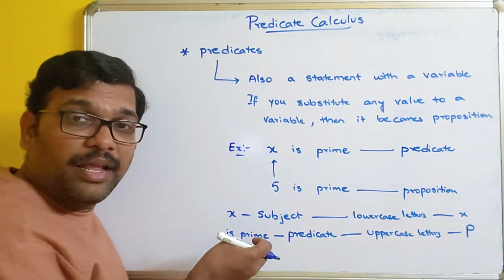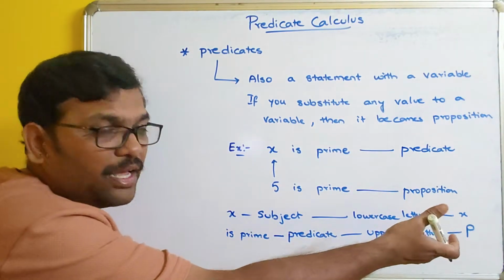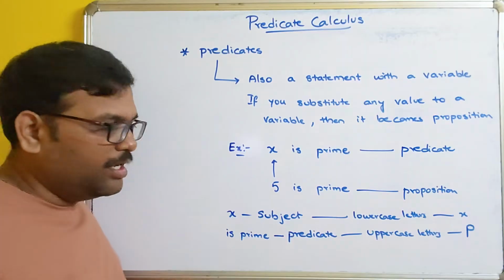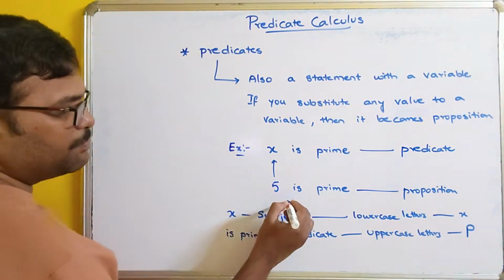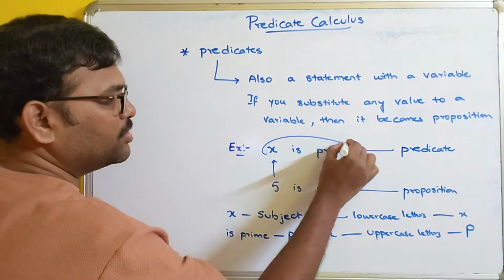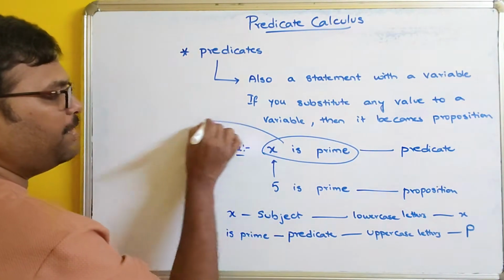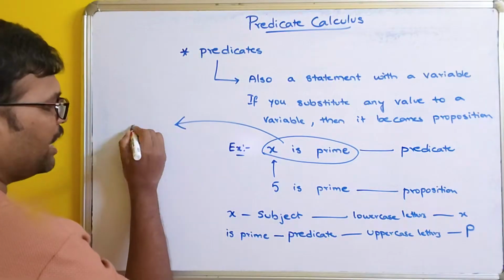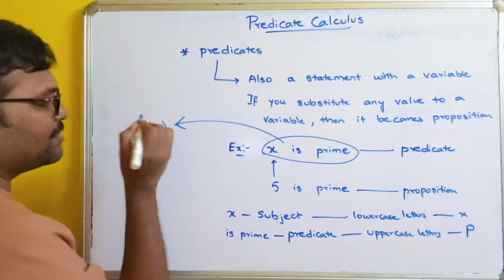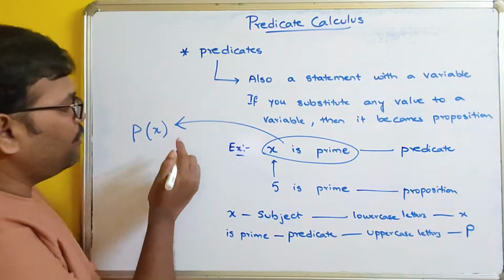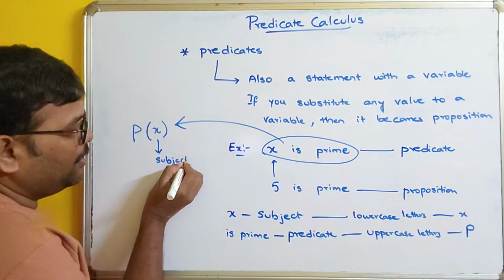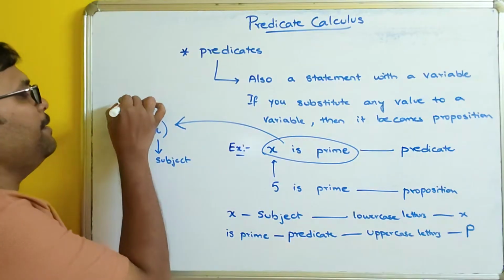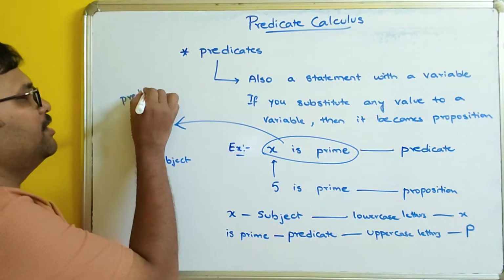If I take even, I may take capital E. Now this particular predicate can be represented as capital P of x, where x is the subject and P is the predicate.